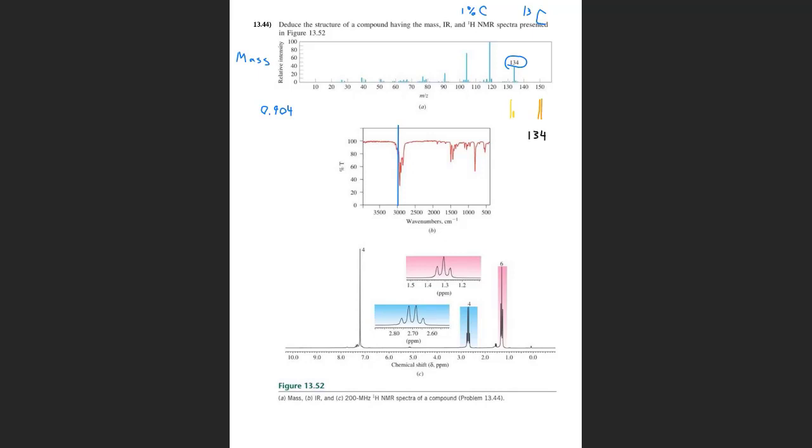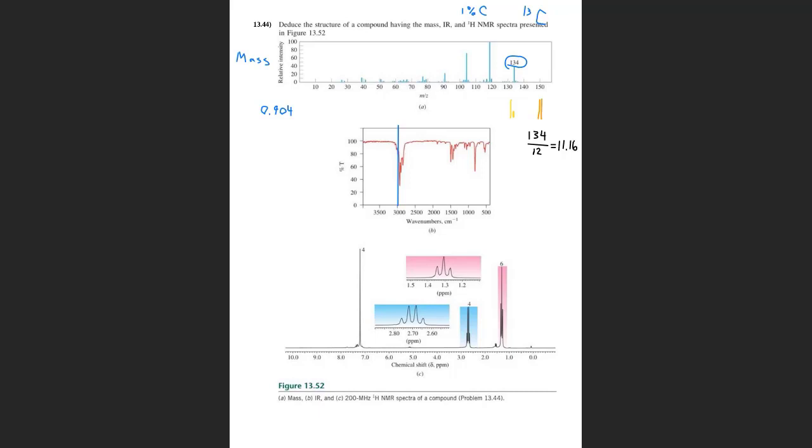Let's see what I get. 134 divided by 12 is about 11.16. So the most number of carbons that this could possibly have would be 11.